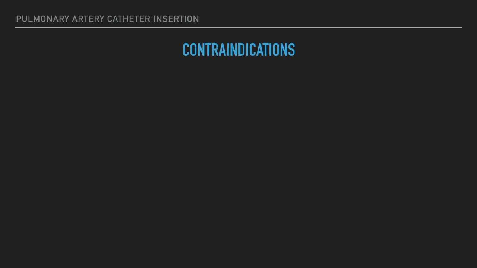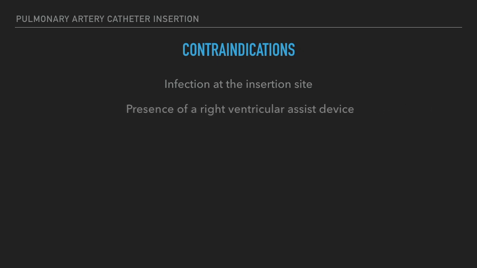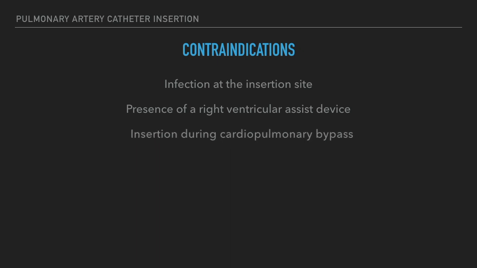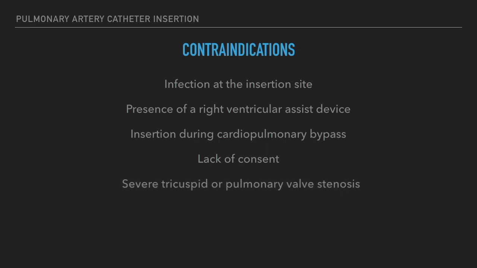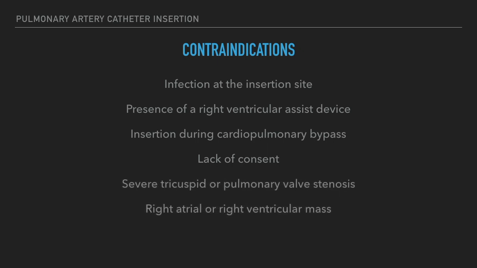The contraindications to PA catheter insertion are infection at the insertion site, the presence of a right ventricular assist device, insertion during cardiopulmonary bypass, lack of consent, severe tricuspid or pulmonary valve stenosis, right atrial or right ventricular mass, and tetralogy of Fallot.